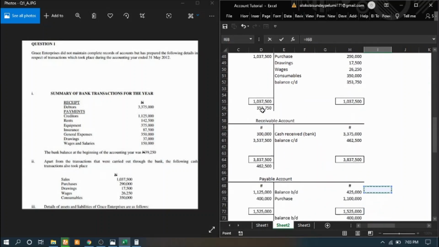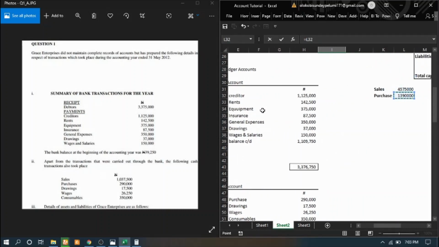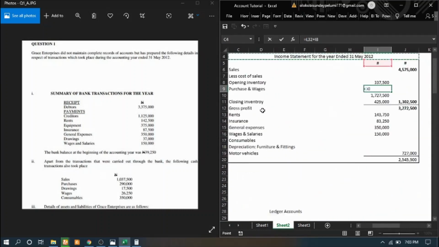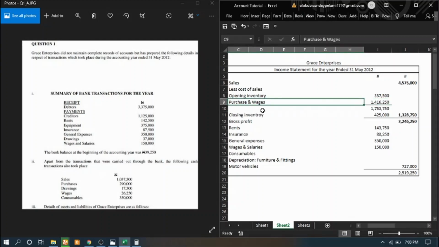So since wages is standalone, let's take it as plus this wages here, 26,250. Although I should have separated everybody, there's nothing we can do. An error has occurred, so we need to just read it that way.